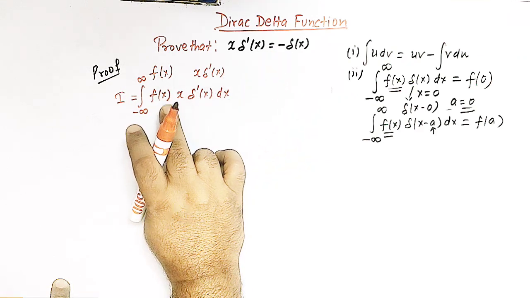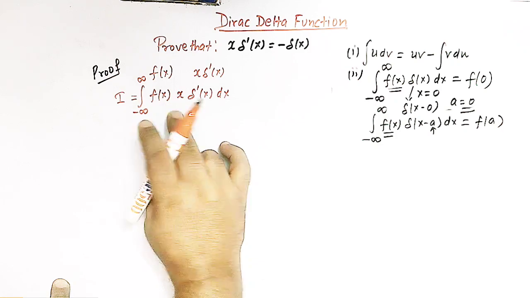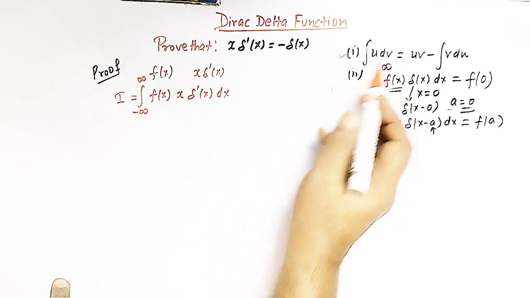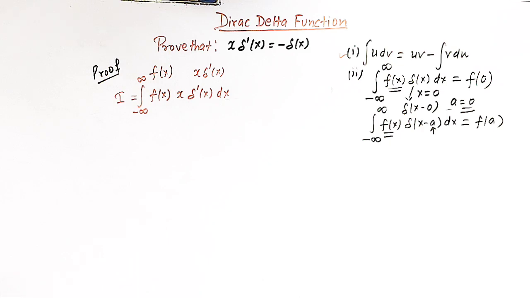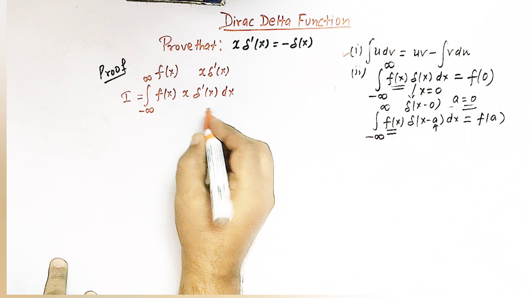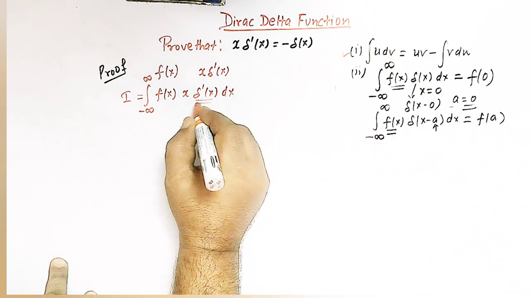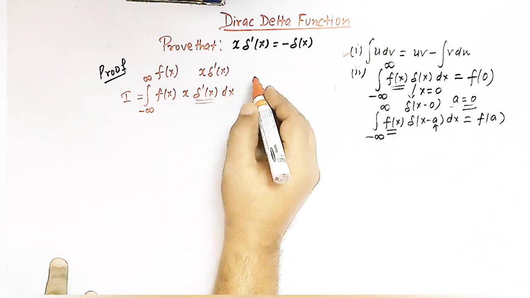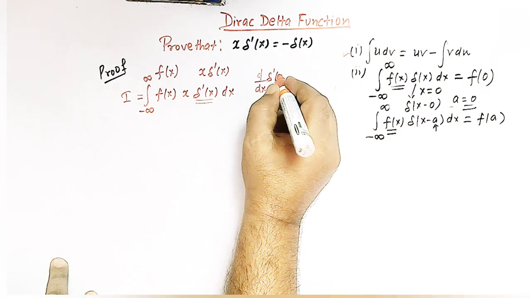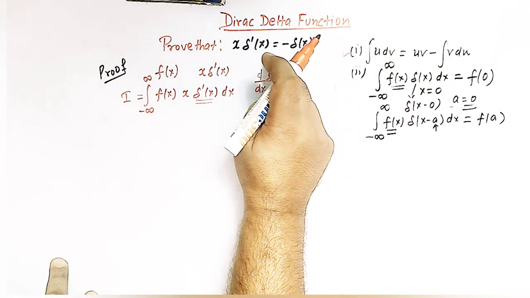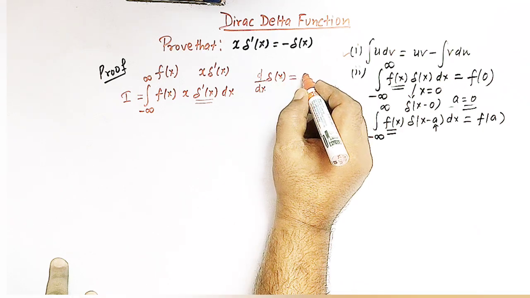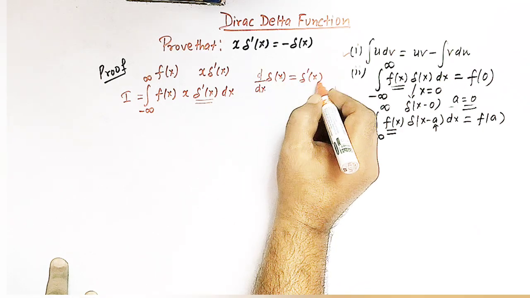In order to solve this integral, we'll make use of the result known as integration by parts. Now here we have delta prime of x, so let us see the notation. d by dx of delta x is equal to delta prime of x.